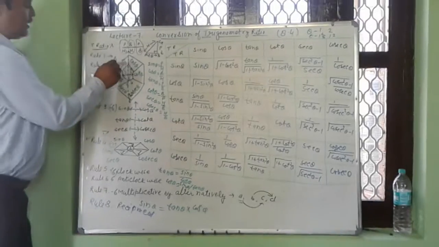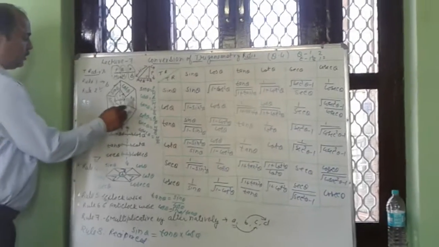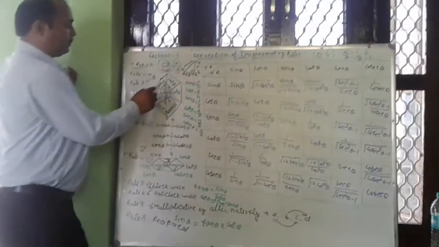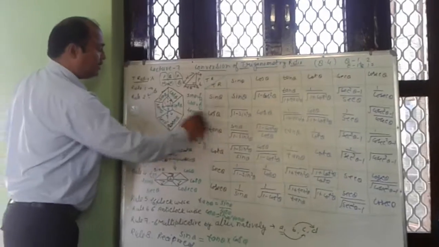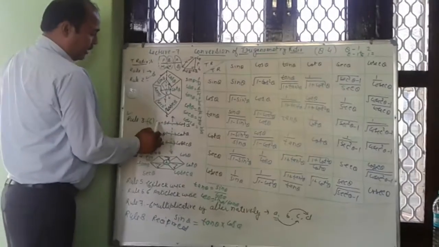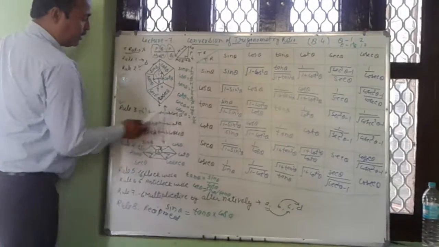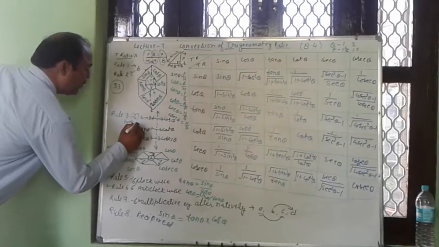Now we arrange them into the hexagonal form: sin theta, cos theta, tan theta, cot theta, sec theta, cosec theta. These are complementary angles, just opposite. One half is the right side, one half is the left side. So likewise, sin theta is the complement of, like this we can write, sin 90 minus theta.